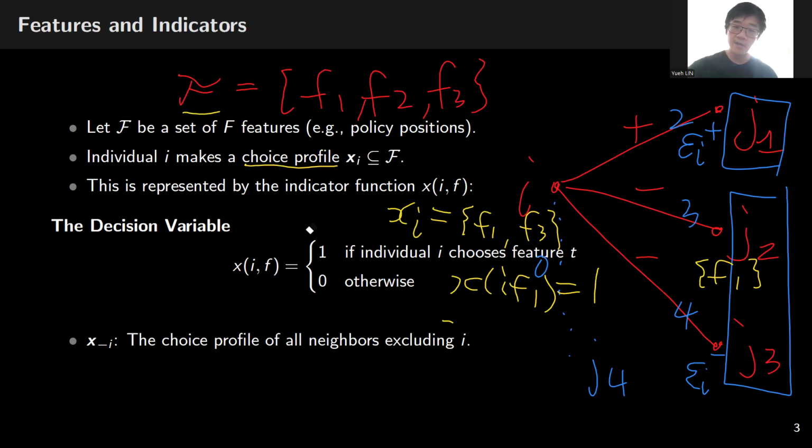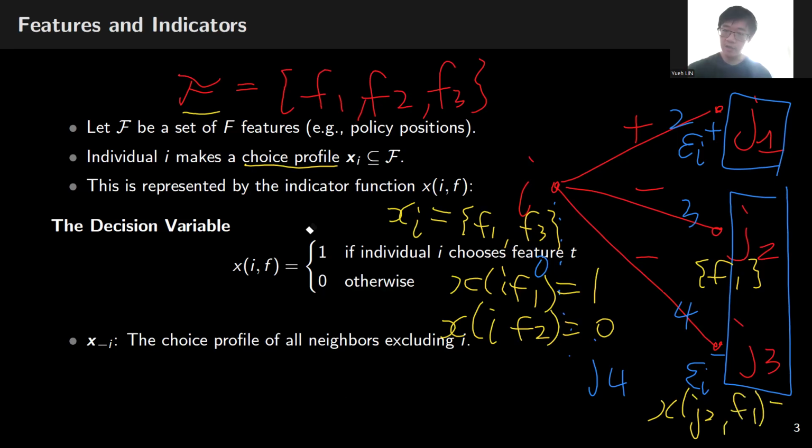On the other hand, feature F2 is not chosen, so we note it as a 0. The same logic can be applied to each J as well. So we can define those X_ij. I'll do an example: X_j2 with respect to feature F1, it is chosen, etc.